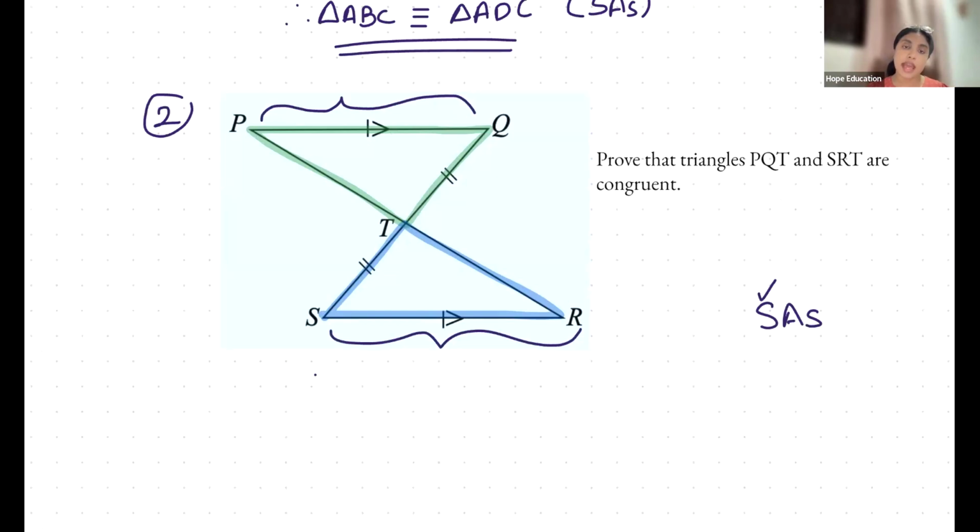Can you also see that QT side here is equal to ST side here? So we have another side. But do we have any angles? Not just any angle, we need it to be an included angle.